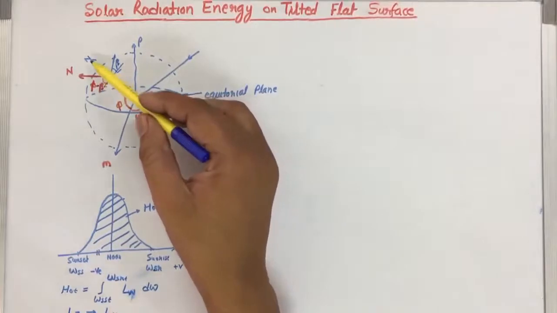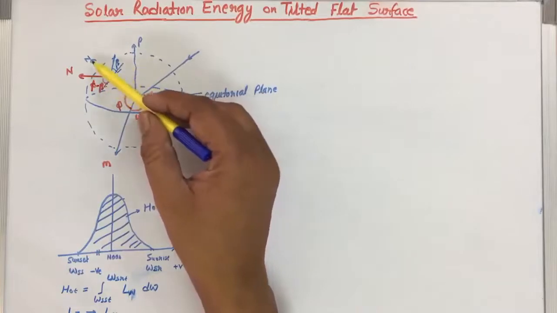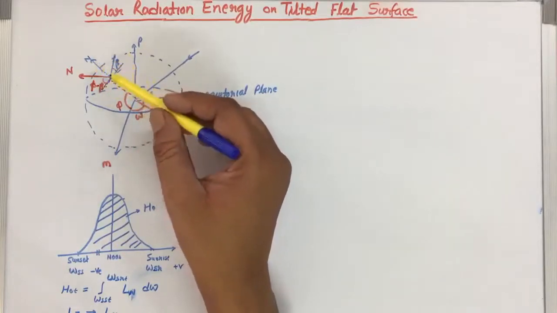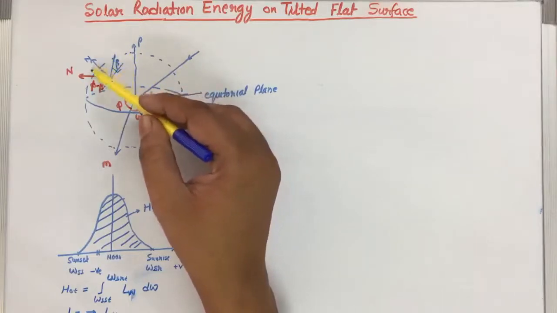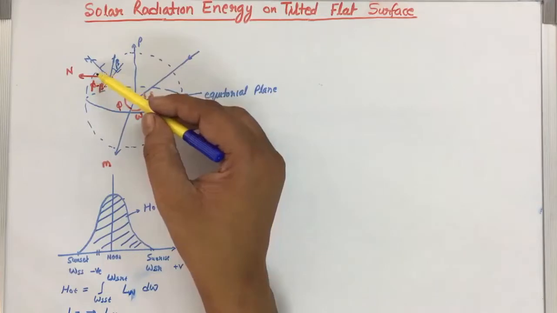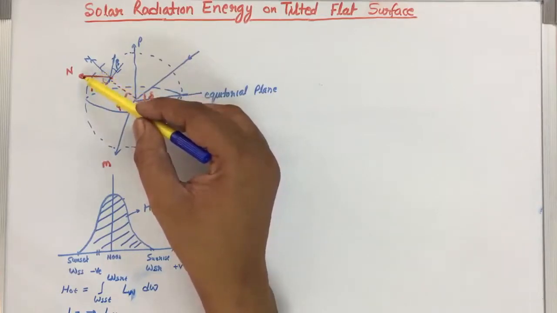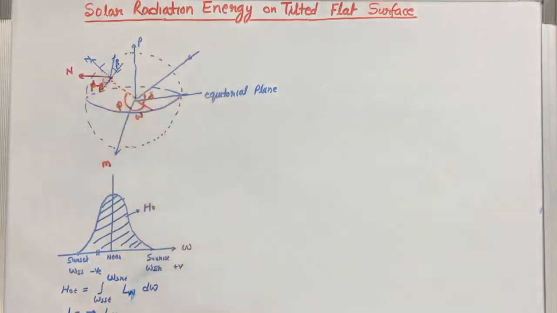Yesterday the normal to the horizontally placed flat plate surface was this, that was LZ. But today the normal is shifted with angle beta, and now we are collecting the solar radiations. That will not be LZ, that will now be LN.